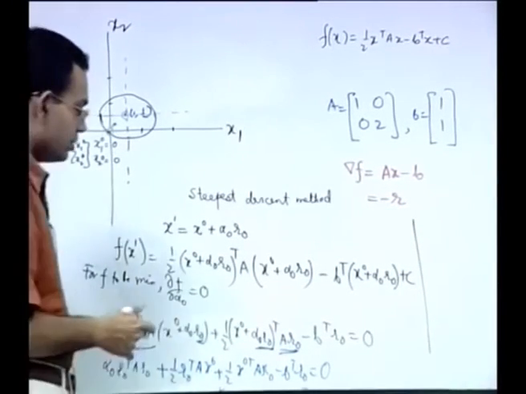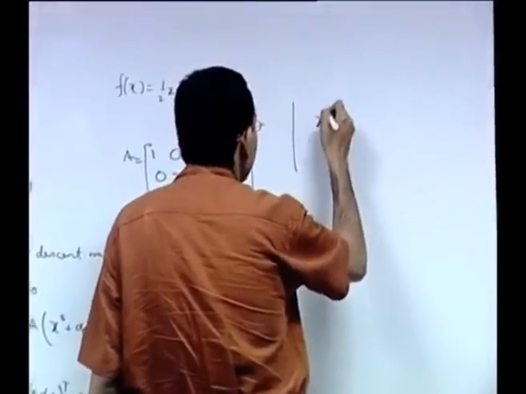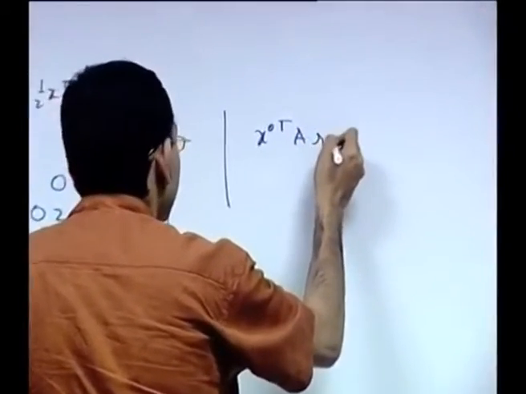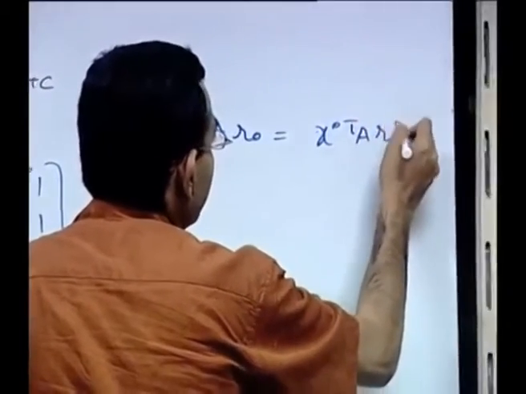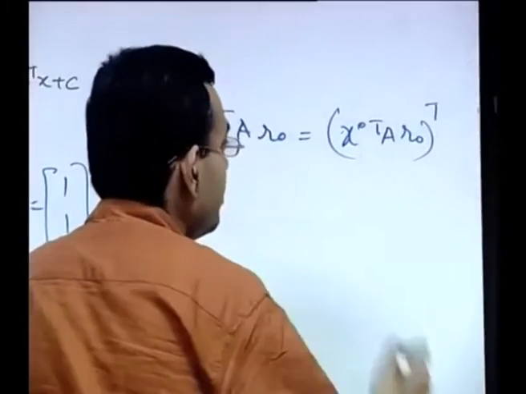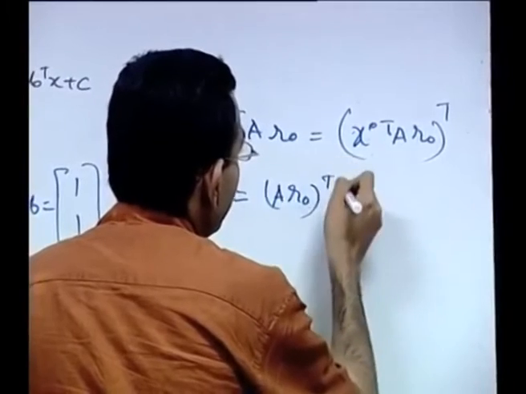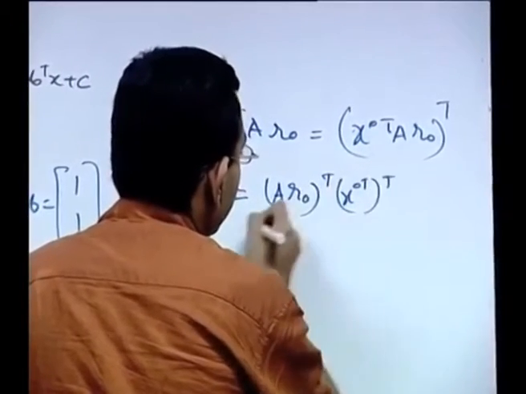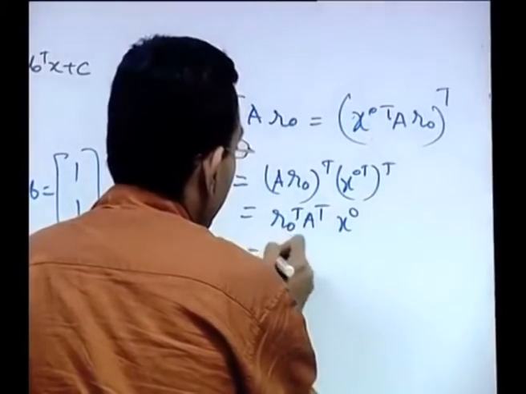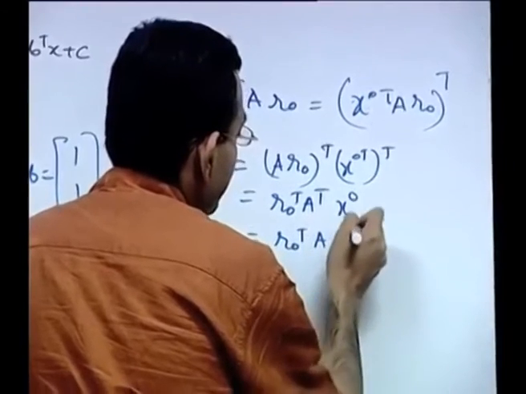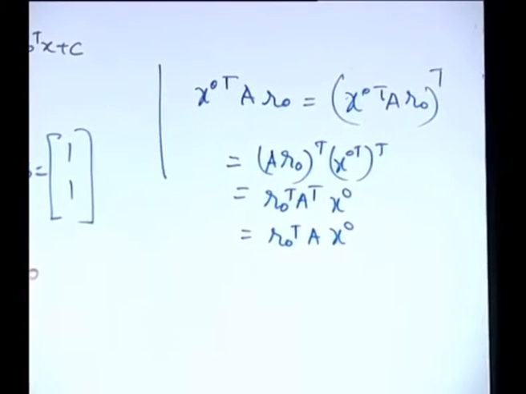Now, using a similar manipulation to what we have done earlier, you can show x0 transpose A r0 is equal to its transpose because it is a scalar, that is equal to (A r0) transpose into (x0 transpose) transpose, which is r0 transpose A transpose x0, and that is equal to r0 transpose A x0, because A transpose is equal to A, we are dealing with a symmetric matrix.